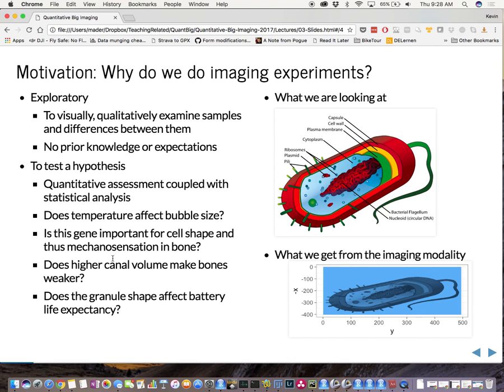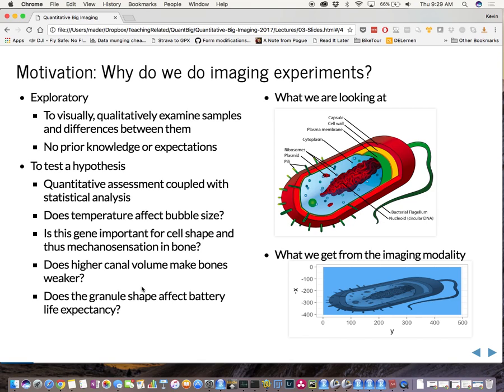And then, of course, you have others, like battery life expectancy as affected by the shape of the granules inside it. The sentence itself doesn't sound very quantitative, but clearly you need to have something you're measuring in order to say that the granule shape affects the battery life expectancy. You have to have some way of saying, this is a shape with a really long lifespan, and this is a shape with a really short one.